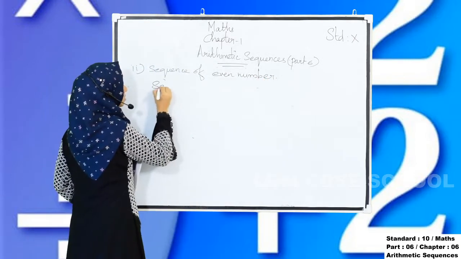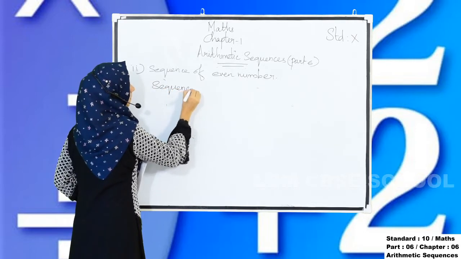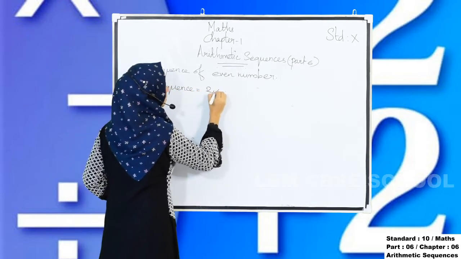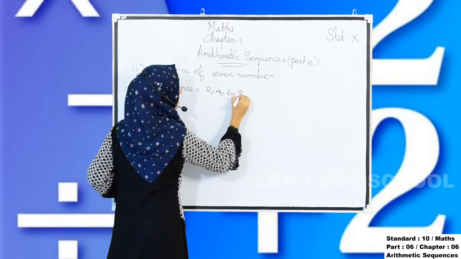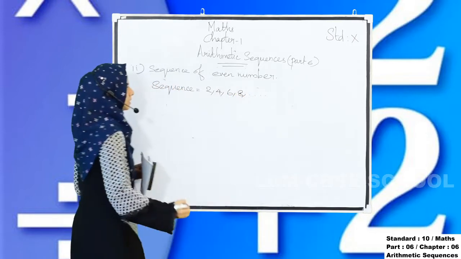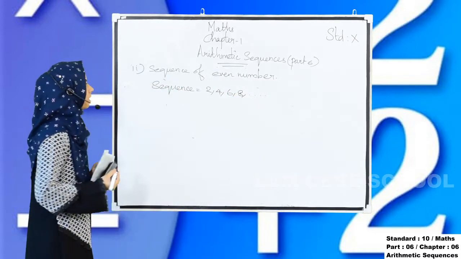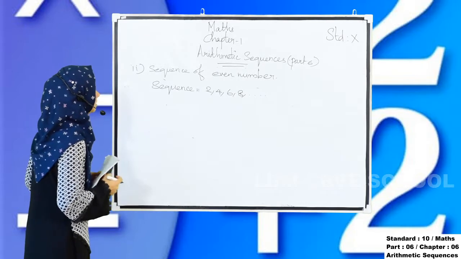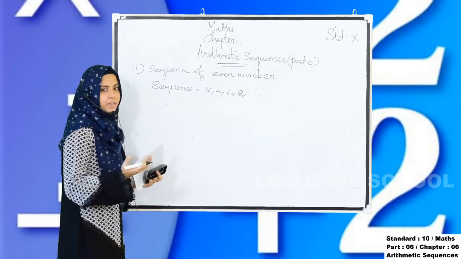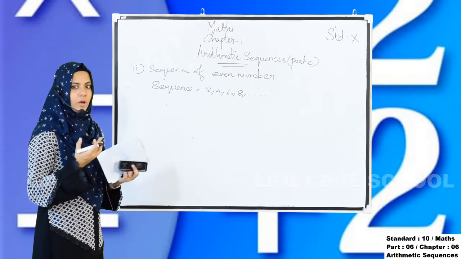Sequence is equal to 2, 4, 6, 8, etc. Okay, then we want to check if it is an arithmetic sequence or not.